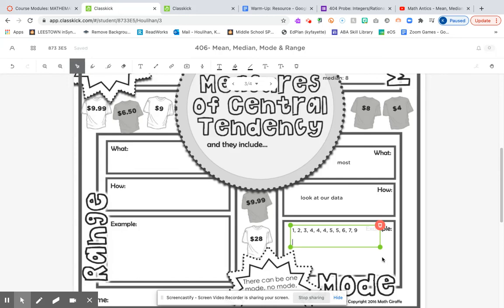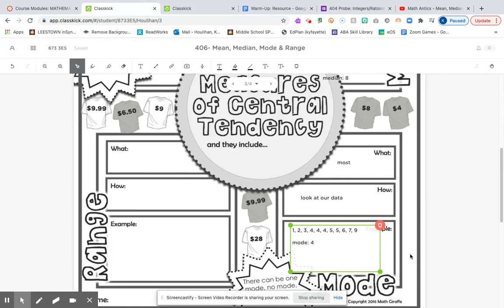What's the number that shows up the most? Let's see. I have 3 4s, but I have 2 5s. But you have to think, which one shows up more? Well, I have more 4s than I do 5s. So 4 is going to be our mode. So our mode for this one is 4.